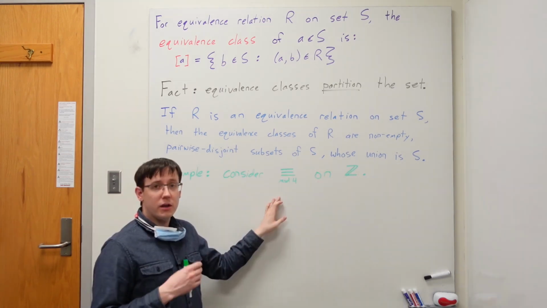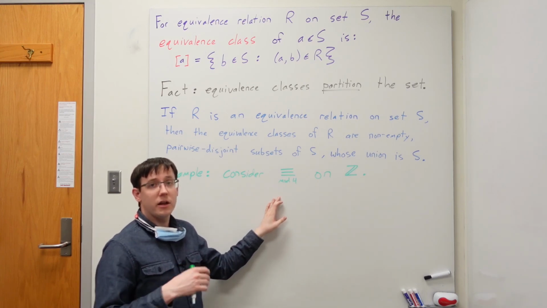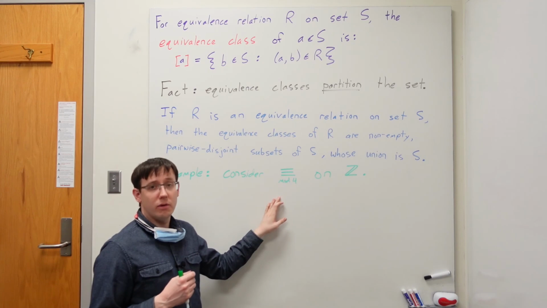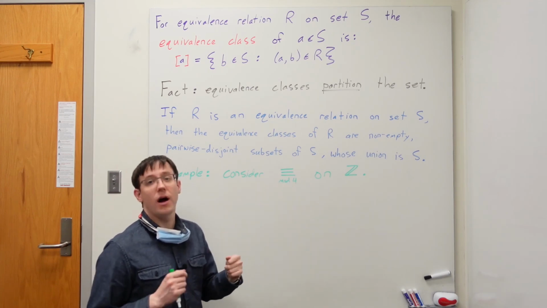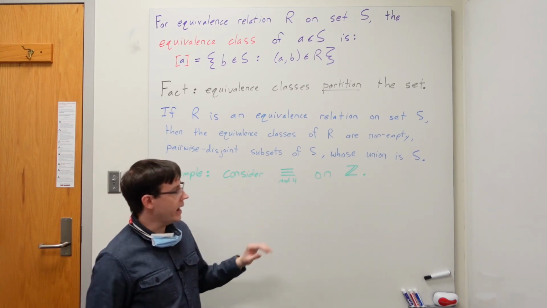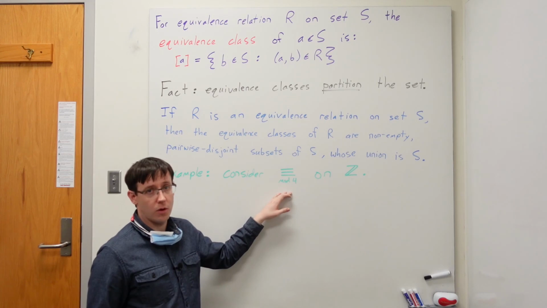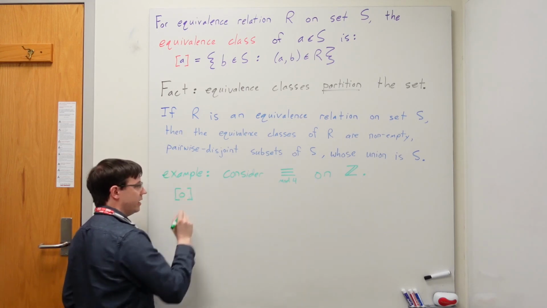Let's think about the congruent mod 4 relation. And since we just proved that congruent mod n is an equivalence relation for any n, we know that this is an equivalence relation on the integers. So, how many distinct equivalence classes do we have for congruent mod 4? Well, we can start by picking an element of the integers.